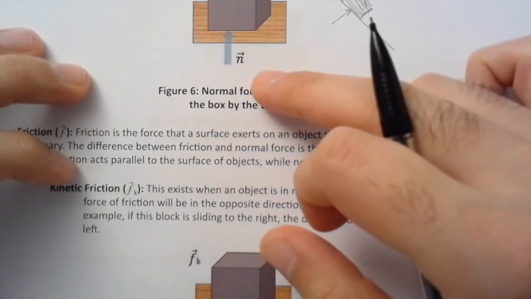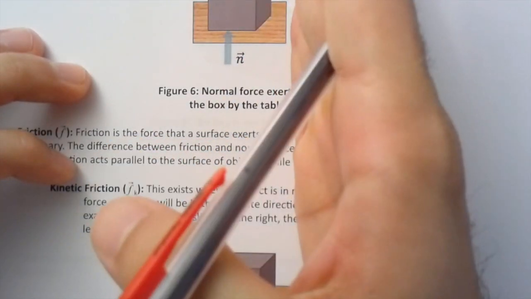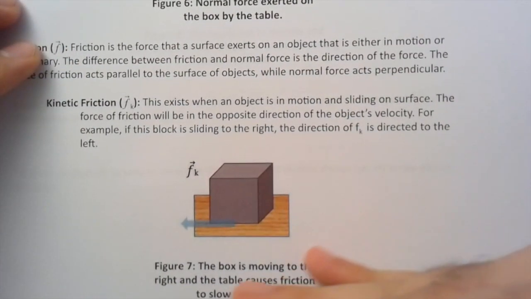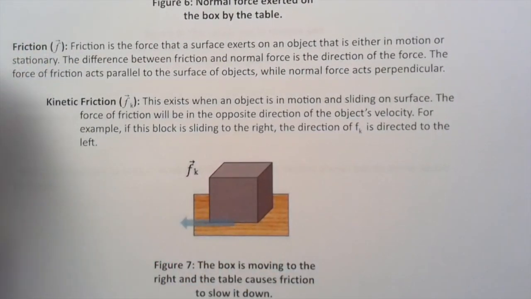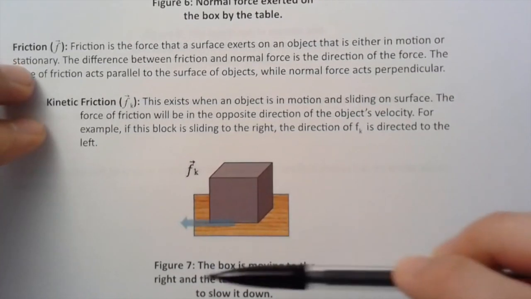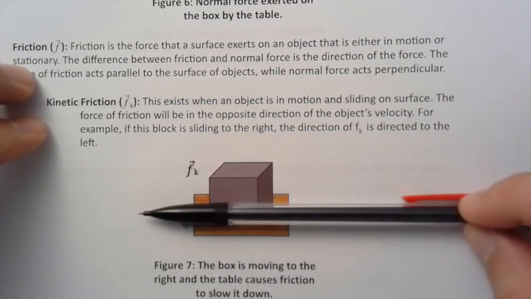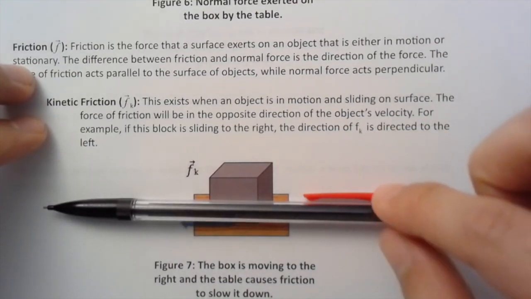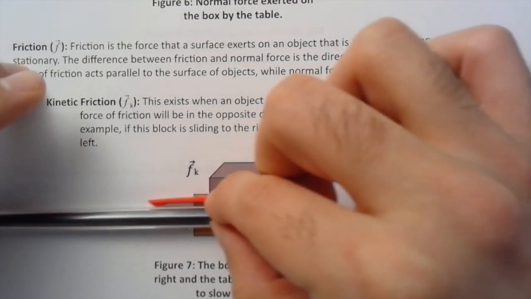A normal force is perpendicular to the object. Force of friction is parallel to the object, which makes sense when you're pushing an object against another object like this. For example, in this case, the paper is putting a frictional force on the pencil, and vice versa.